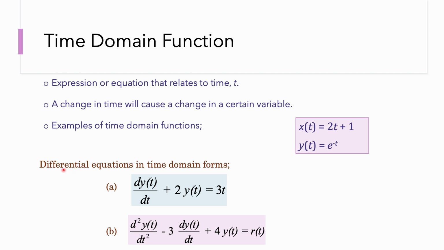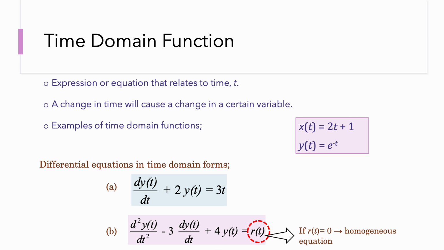Now this is an example of differential equations in time domain form. In this part, this is the input and the output is equal to 3t for this equation. And for this equation, on our left hand side, this is the input and the output is equal to r(t). If the output r(t) is equal to 0, we call this particular equation a homogeneous equation.